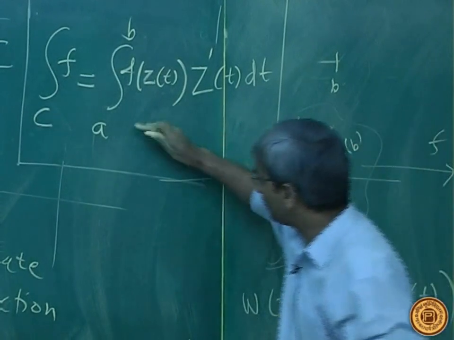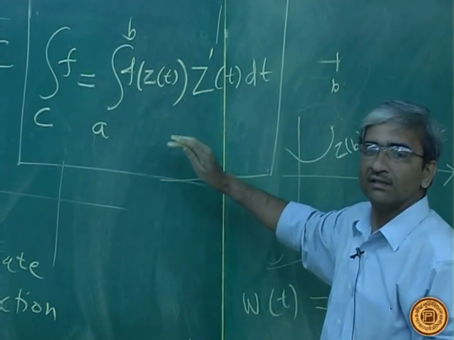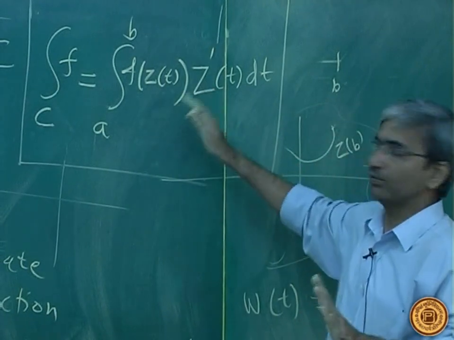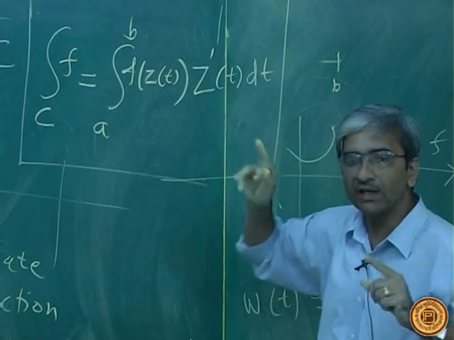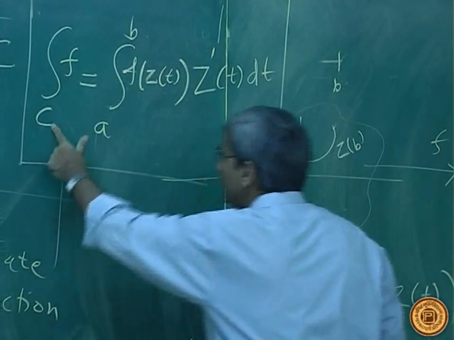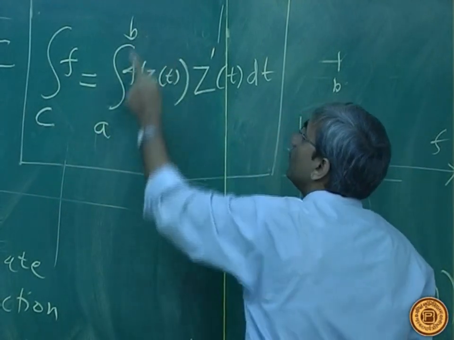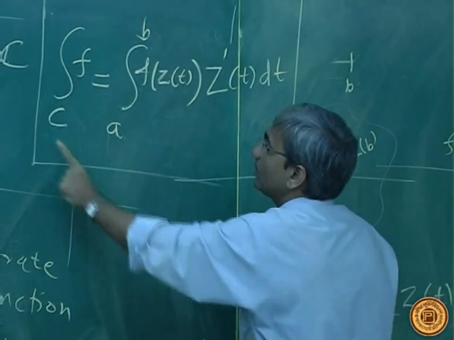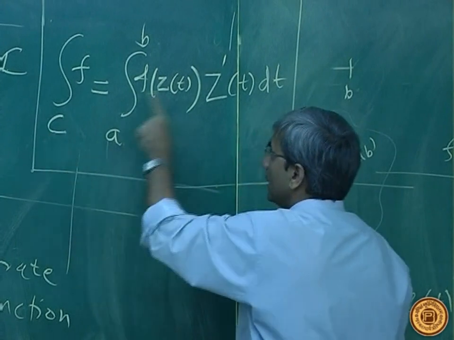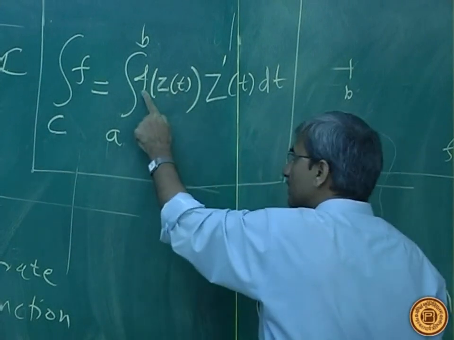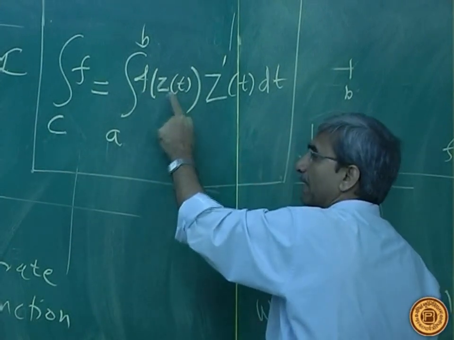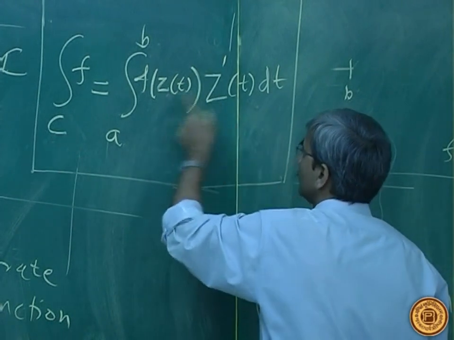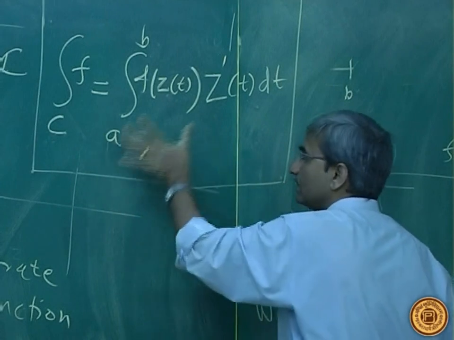So this is the definition. Now you have to read this definition 2-3 times. The integral of a function f over a contour C is the integral from a to b, where a to b is the parameter interval of the contour C. f is the given function, z(t) is the parameterization of the curve C, and z'(t) we can find once we know z(t). So this is what the definition is.